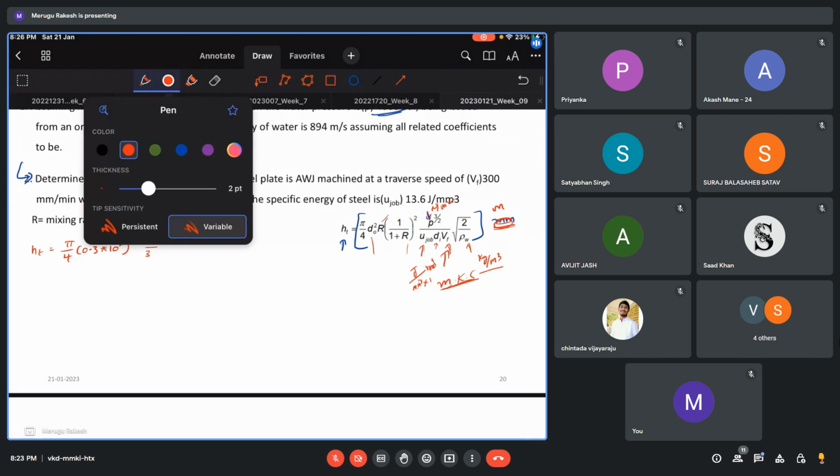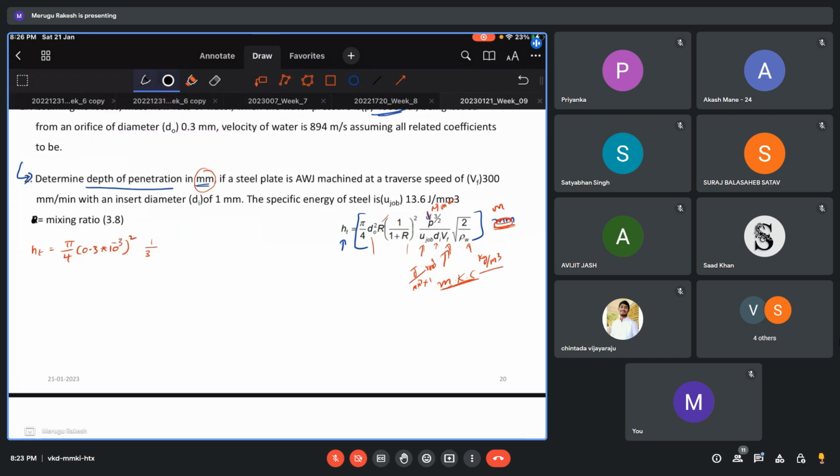One small modification. Just note this 3.8 is 1 by r, not r. Sorry for that.